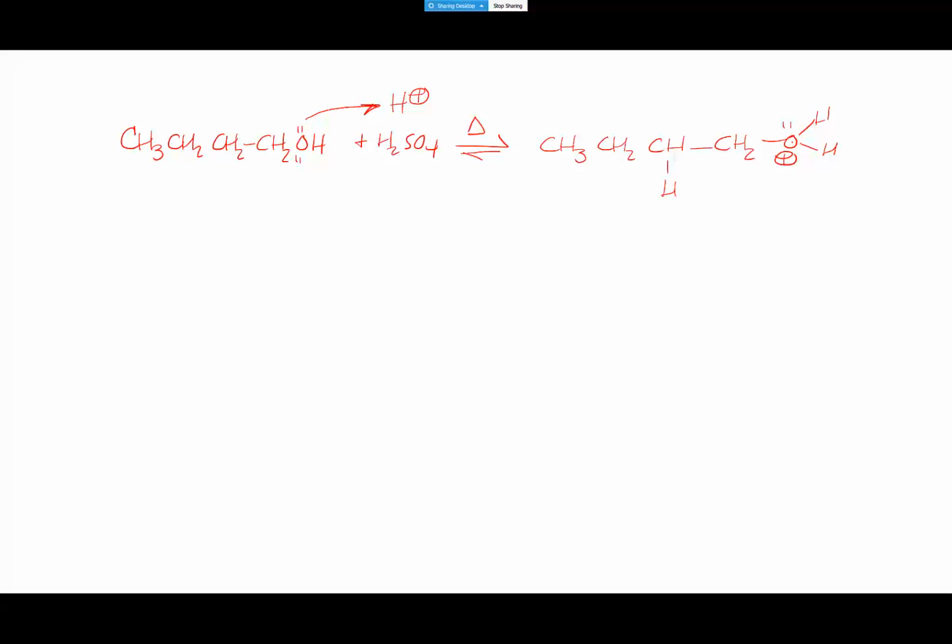I'll give you a choice. You can tell me what you should do or what you shouldn't do. Would you take the OH? You mean the whole water molecule off? Yeah. I don't know.